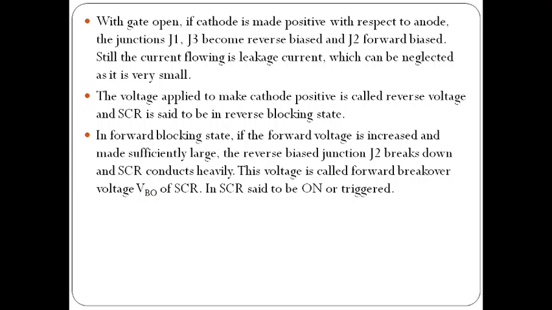Again, I am considering the gate is open. In the forward blocking state, when the forward bias voltage is increased more, then what happens? When we increase the forward bias voltage to the SCR, junction J2, which is in reverse bias, breaks down due to that higher forward bias voltage.